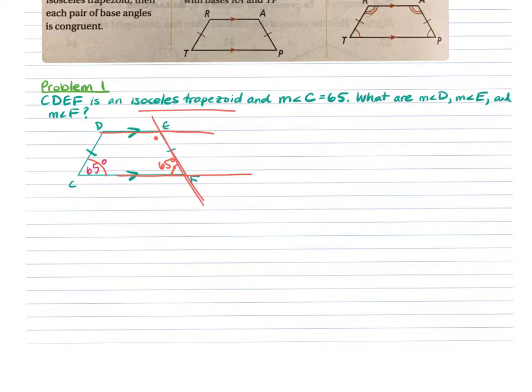If this is the transversal, these are two parallel lines. So these two, since these are parallel, have to add up to 180. So if you just do 180 minus 65, you get 115. So this is 115 degrees, and then since the base angles are congruent, this is also 115. So measure of angle D is 115, measure of angle E is 115, and the measure of angle F is 65. Okay, so that's how those work.